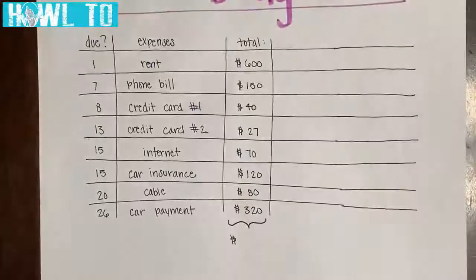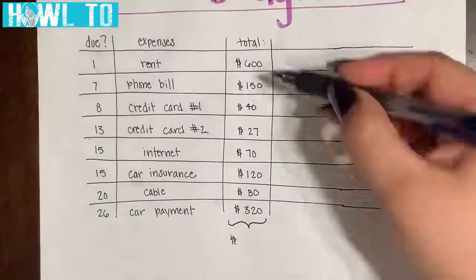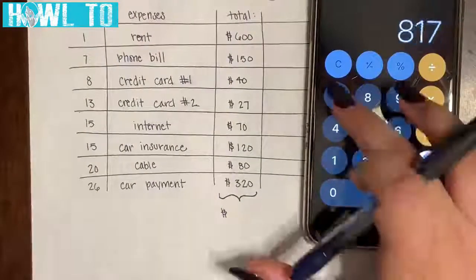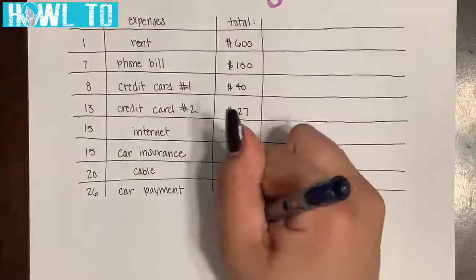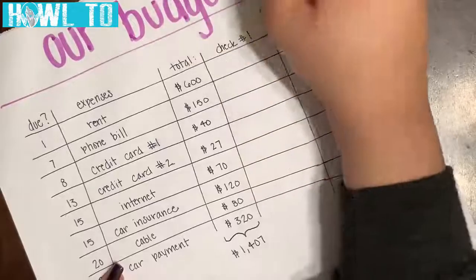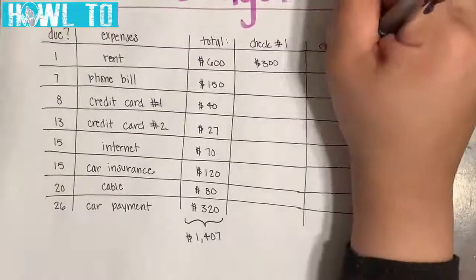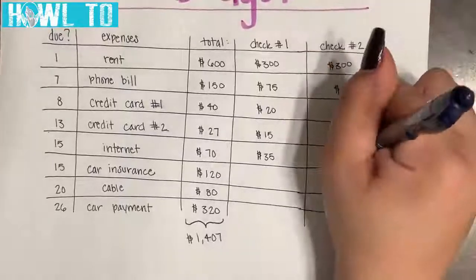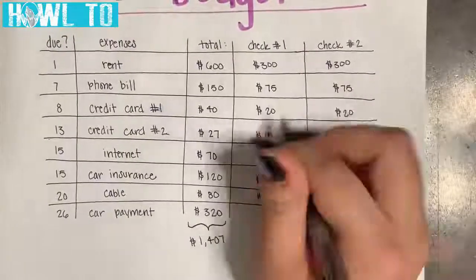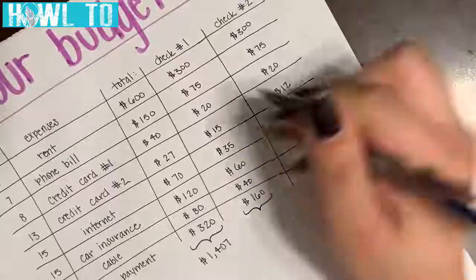And after writing all of these, we're going to want to add everything up. And we get $1,407. And now we will be taking that total amount due and dividing it up into check number 1 and check number 2.